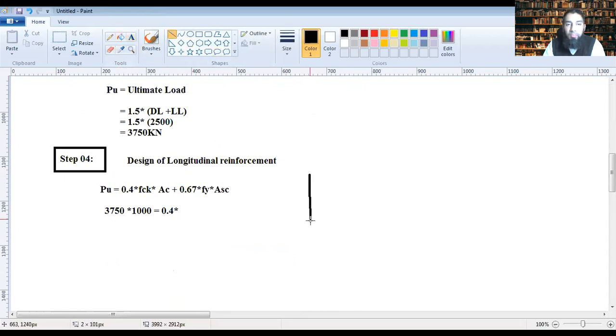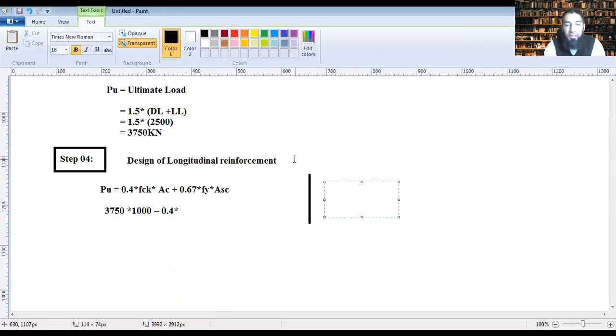So at this stage let me assume that FCK is 30 megapascals, that's 30 Newton per mm square. Then AC, we have already assumed it's 300 cross 300, but ASC will be subtracted from it.